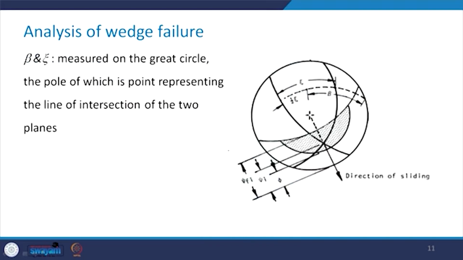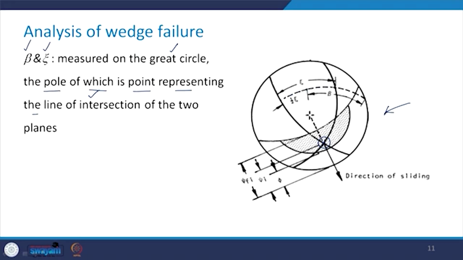Now, how to determine these angles beta and zeta? That is the question. So, there we have to take the help of this stereo plot. These two angles are measured on the great circle, the pole of which is the point representing the line of intersection of the two planes. So, you see in this figure that this is the line of intersection in this stereo plot. If this is the pole of a great circle, we will try to get the great circle.